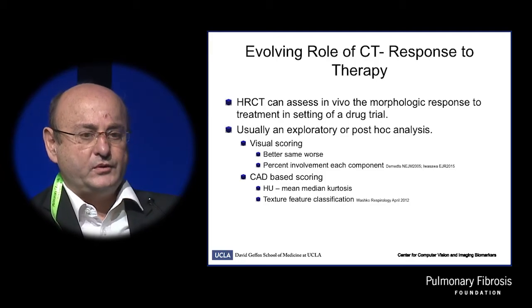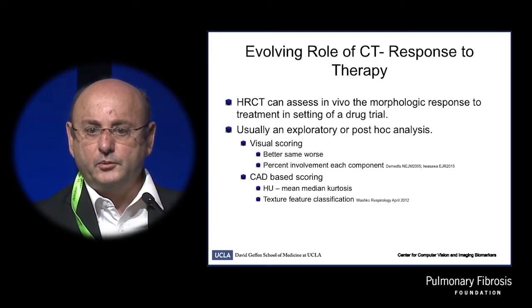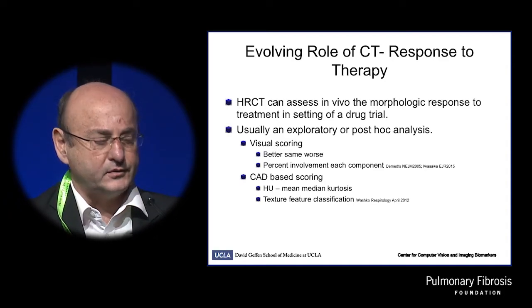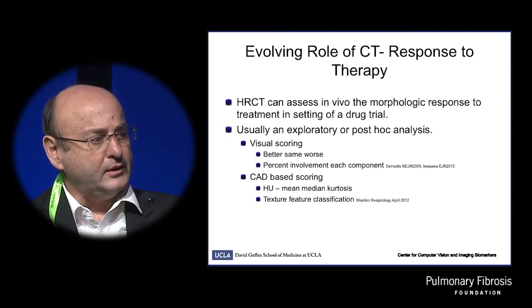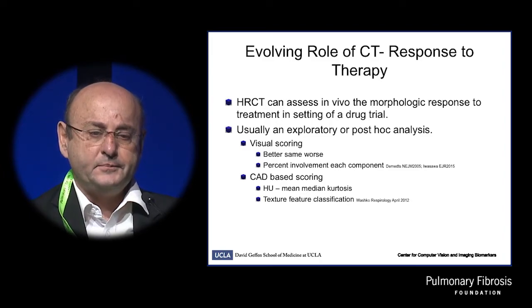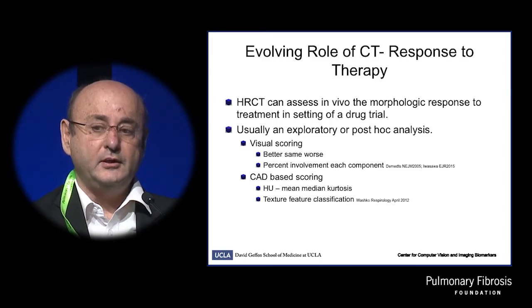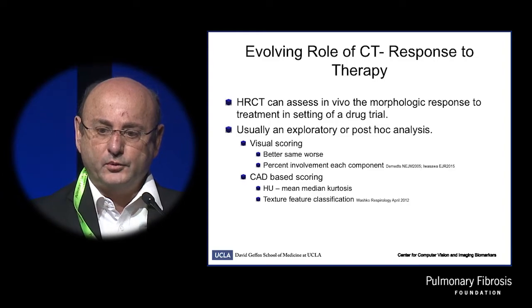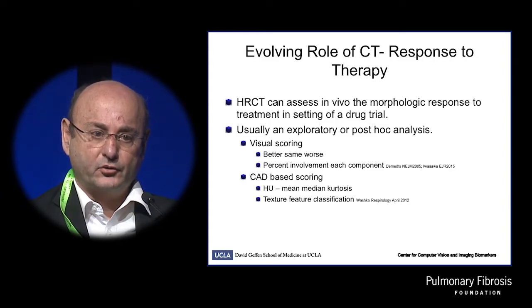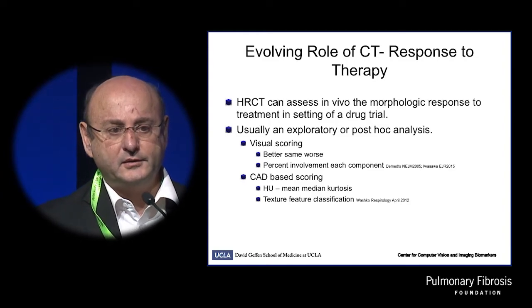There are some issues with the eye and scoring. There are some superb pulmonologists and radiologists, of which I'm not one, who are really good at scoring their CTs. But the truth is the agreement in score within a reader and across readers is not great.